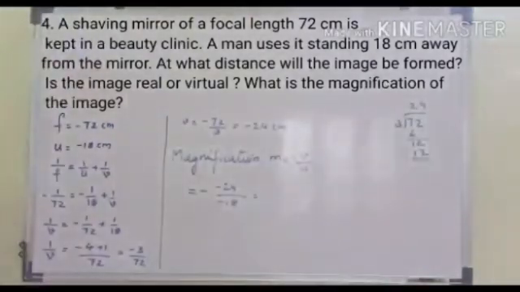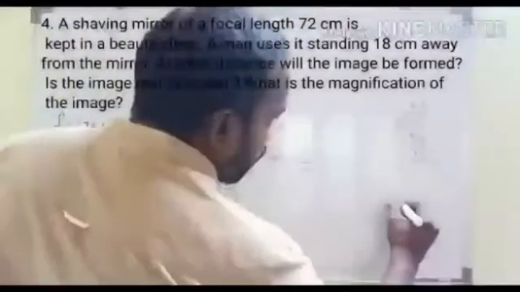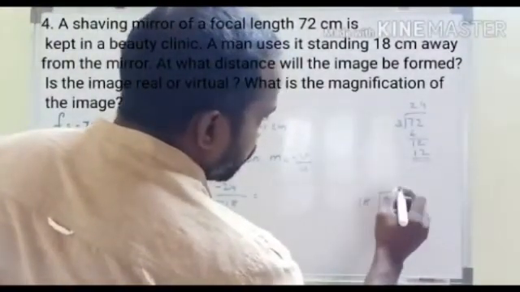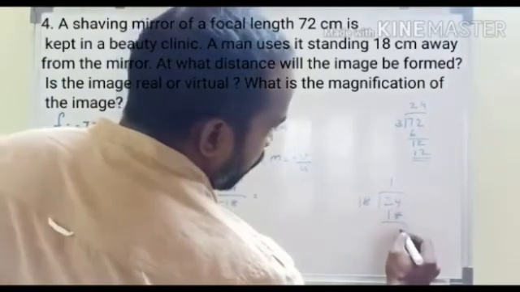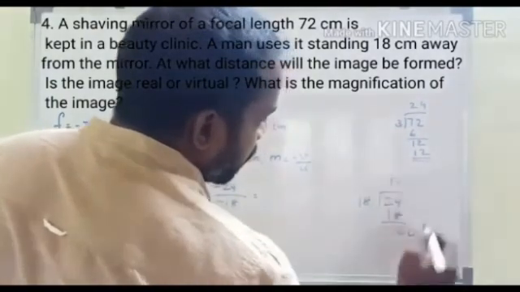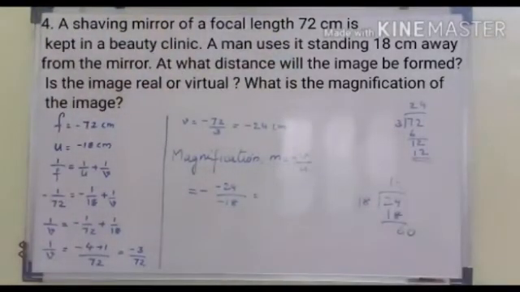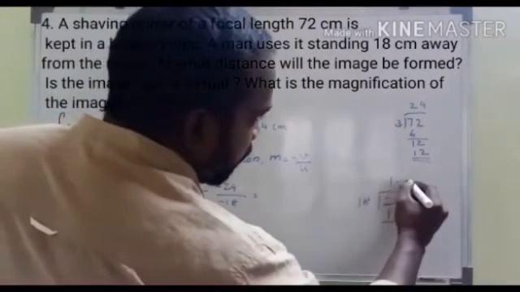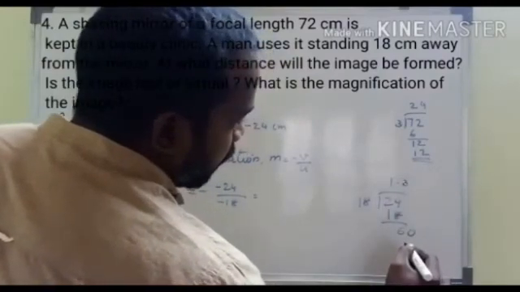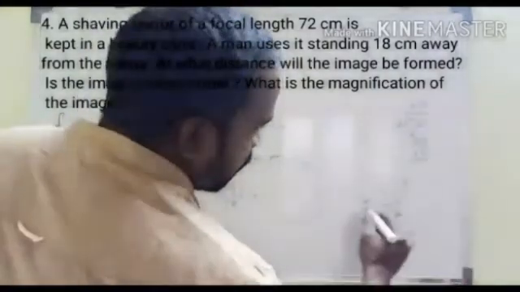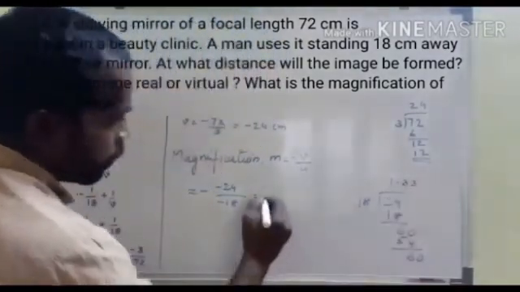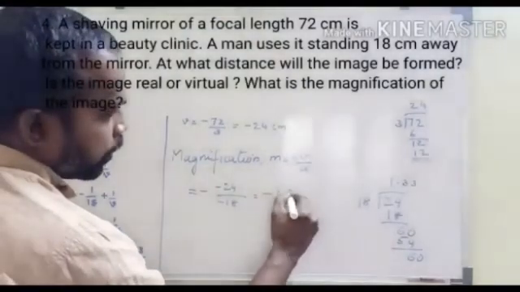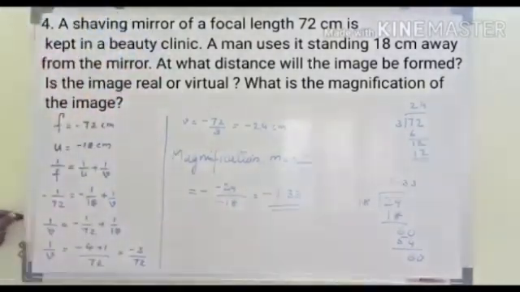The minus signs get cancelled, so we have to divide 24 by 18. The remainder 6 becomes 60 and 18 goes 3 times, and it will recur. So it is minus 1.33, the magnification.